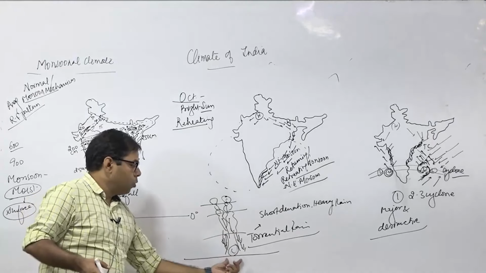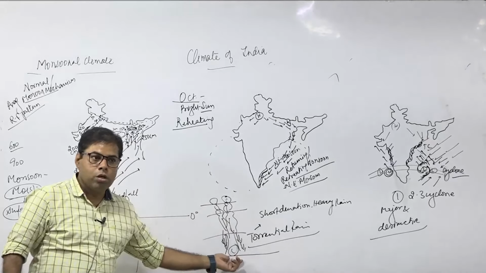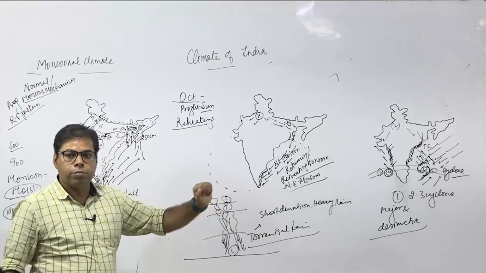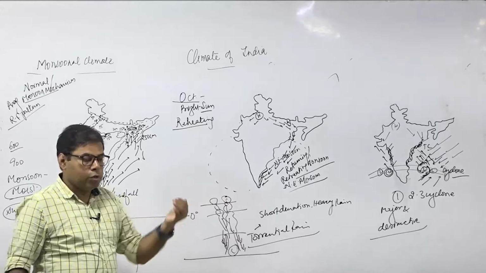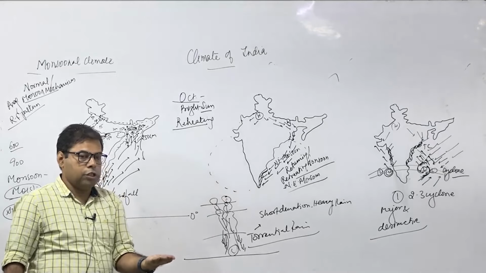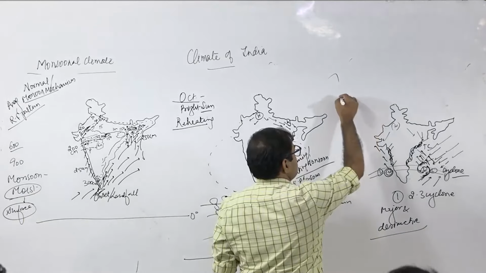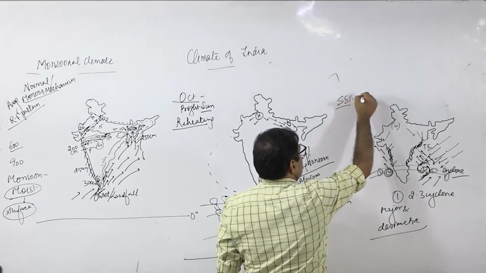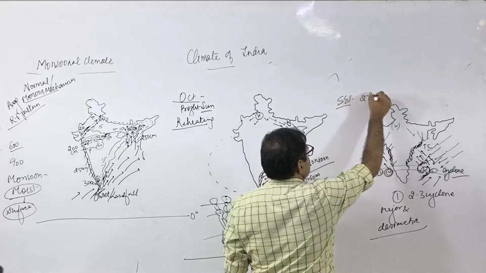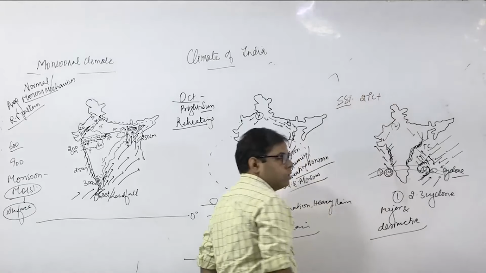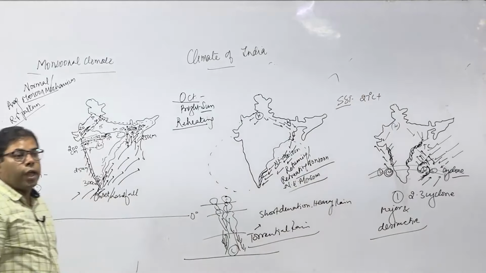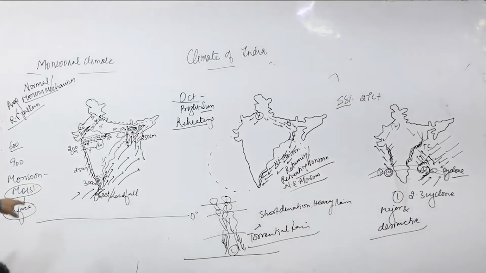Here, the low pressure center is stronger, so the pressure gradient force will be more. Yes or no? Because the sea has been heated more, and for the development of a cyclone, the sea surface temperature should be 27 degrees Celsius or more. Then a cyclone will develop. Before Joy, what happened?